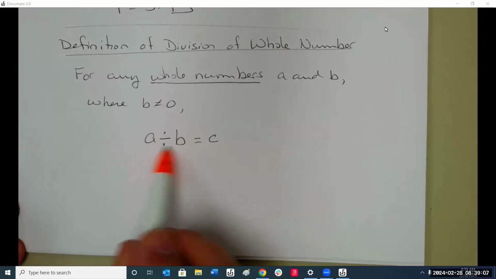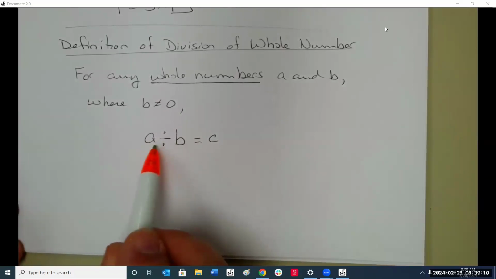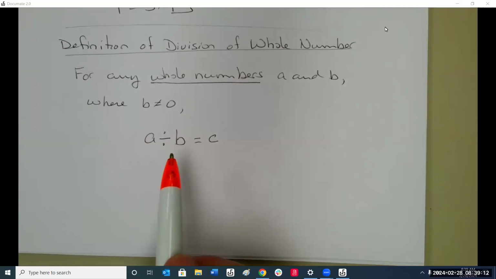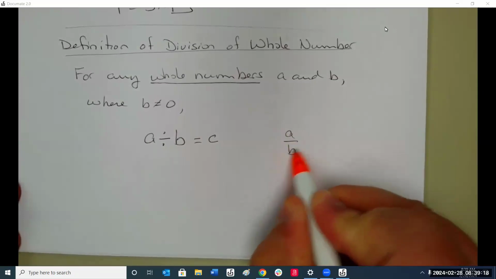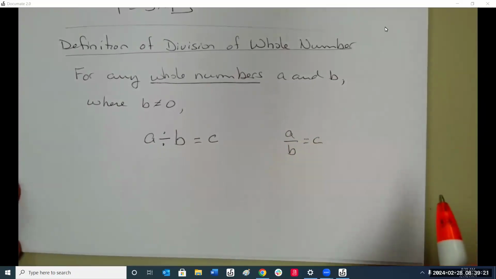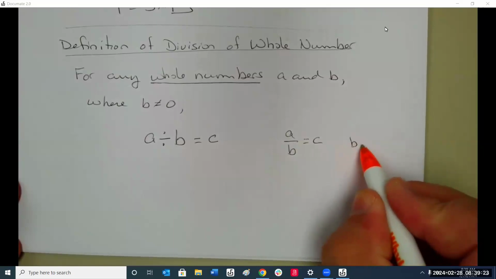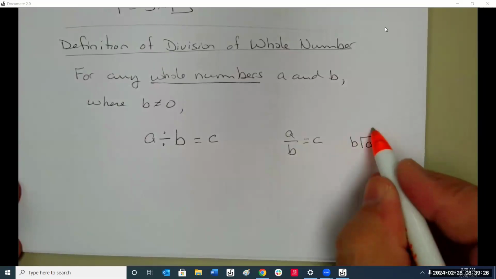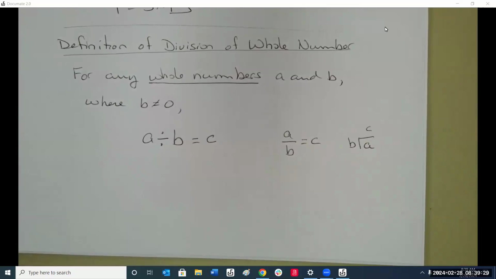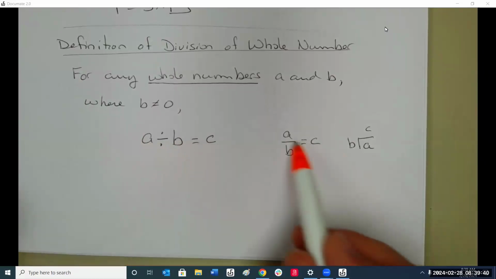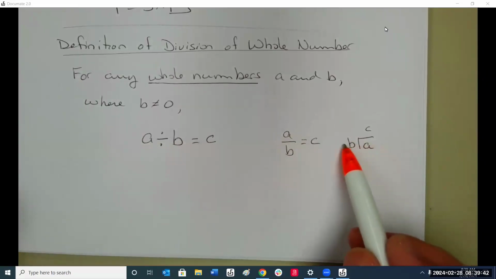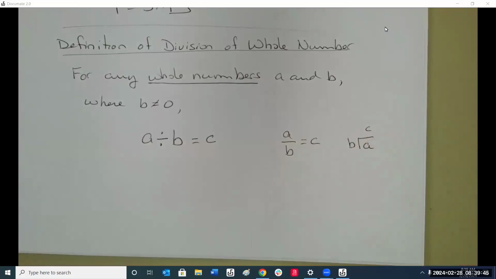Now, what's another way of writing this A divided by B? There are 2 other ways we can write it. A fraction, or so if A divided by B equals C, or B goes into A, C times.